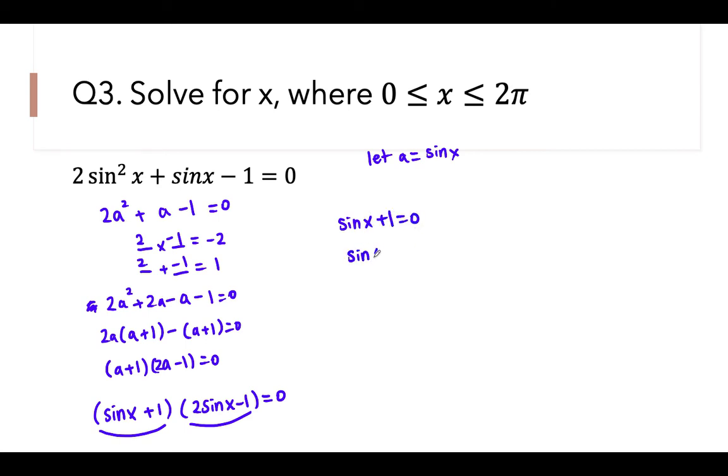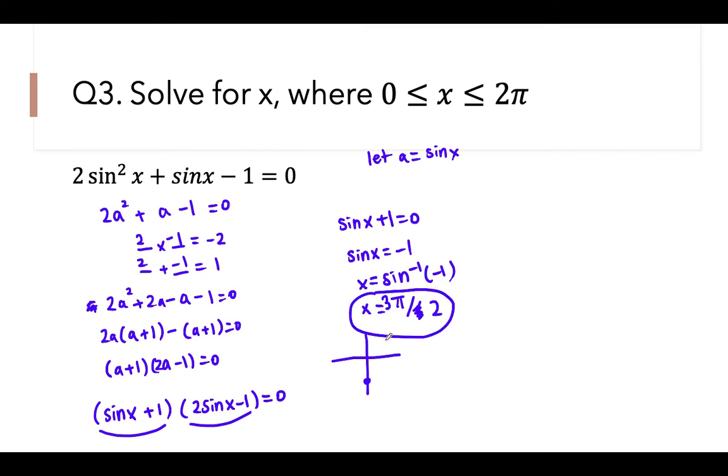So sine x is equal to -1. x is equal to sine inverse -1. So x is equal to pi over 6. Oh no, so it's going to be 3 pi over 2. Okay, so again, 3 pi over 2 is on the axis, which is over here, 270 degrees. So there's only one answer.